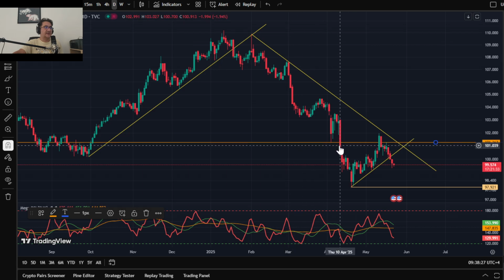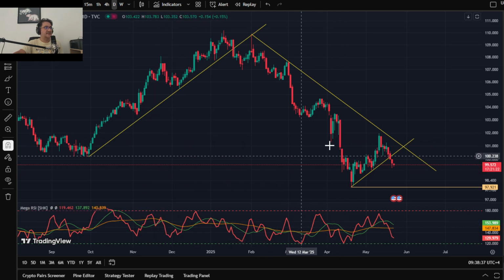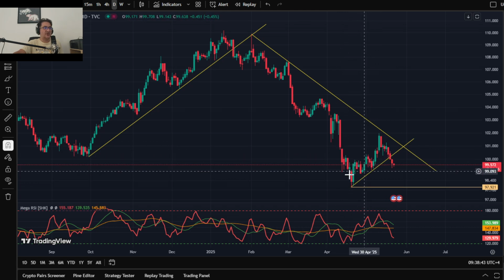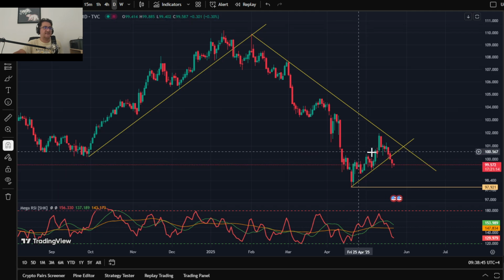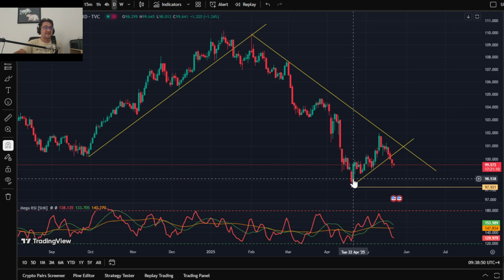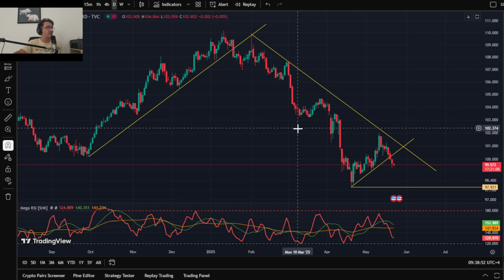This is an important level, and breaking out of it is done by a massive red candle, not by several small candles like this. If a level breaks with candles like this, which is a range itself, a knot itself, then that level cannot be very important.